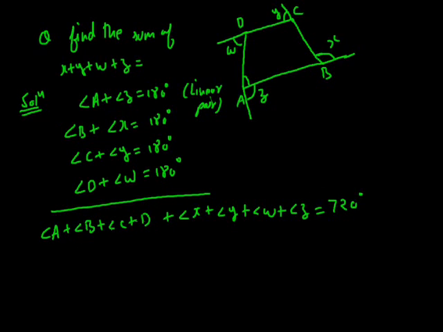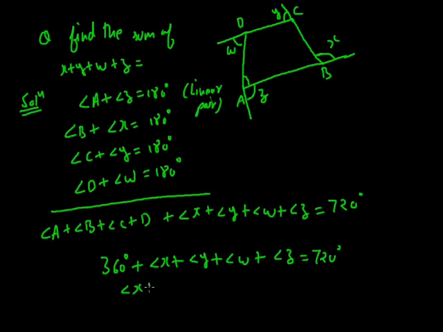And we know that the sum of the interior angles of a quadrilateral is always 360 degrees. So angle A plus angle B plus angle C plus angle D should be 360 degrees. So 360 degrees plus angle X plus angle Y plus angle W plus angle Z is equal to 720 degrees.